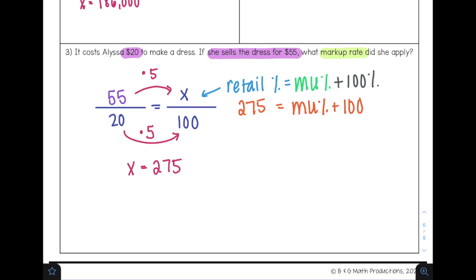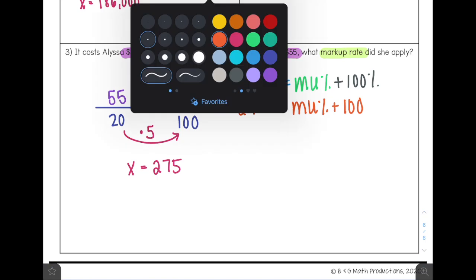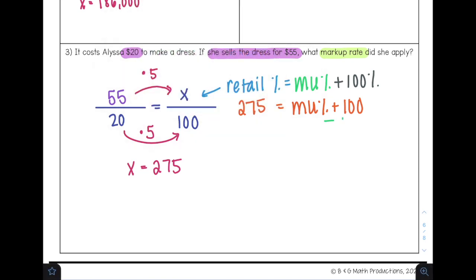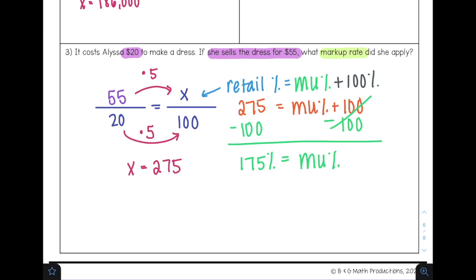So now all I have to do is take 100 away, just like a normal equation, and I'm left with 175%. So what Alyssa did is she marked up her cost or her item 175%.